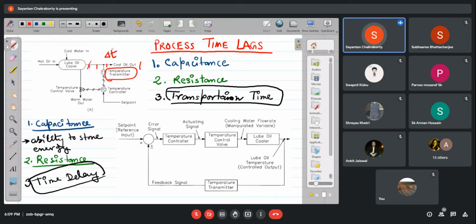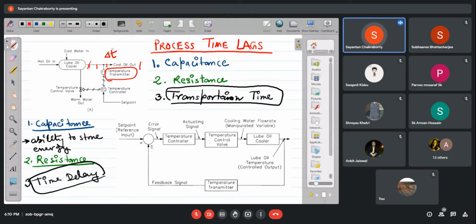There are some positions which are already determined for the sensors to be put, because they require a particular environment where they will give you the full potential of their operation. So you have to put the sensors at an adequate and predetermined place, not arbitrarily at any place, right? So this is how this time lag or the transportation time will contribute to the process time lags, right?